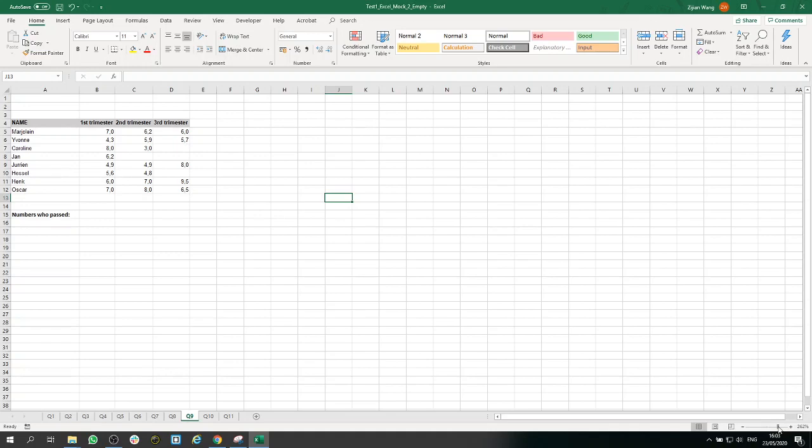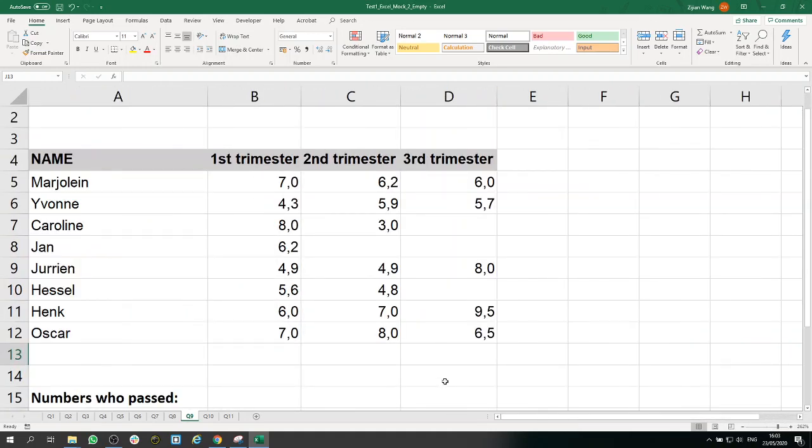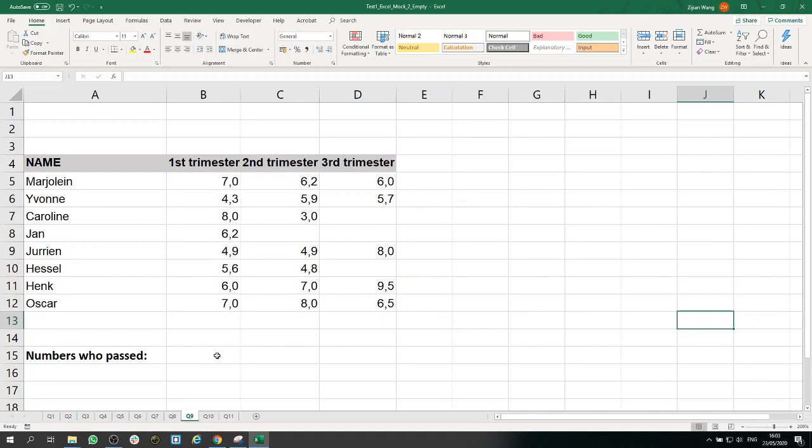How about question 9? Let's have a look. Again, grades, but this time we want to figure out the number of students who passed. Of course you can count them one by one: 1, 2, 3, 4, 5, 6.